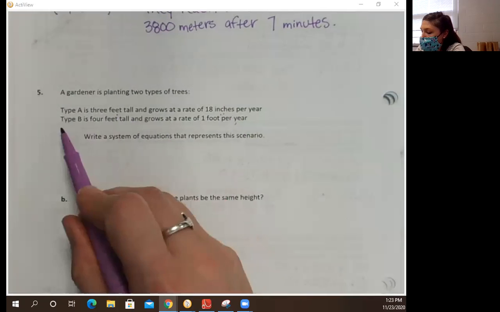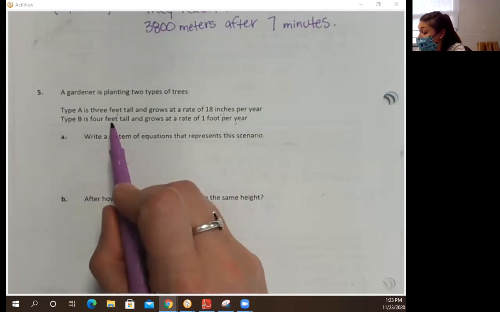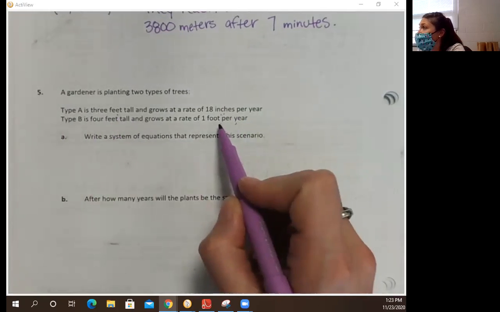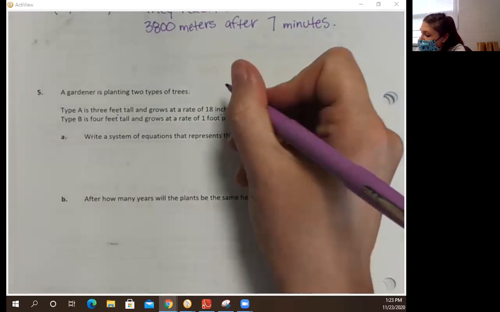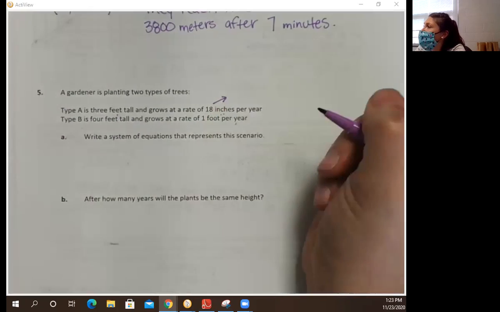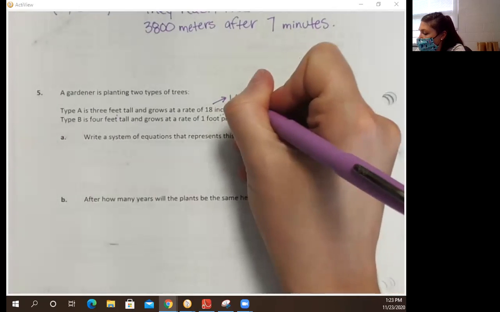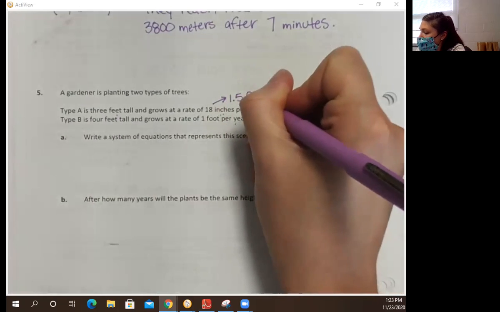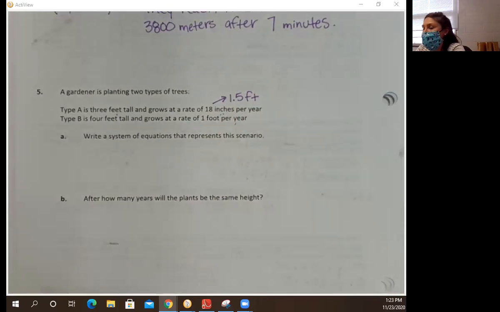And then for tree B, it says it starts off 4 feet tall and grows at a rate of 1 foot per year. So this inches is the odd one out. So I'm going to change it to feet. That would be 1.5 feet. 18 inches is 1.5 feet. You could also change everything to inches if you wanted to. The important thing is that we just be using the same units.